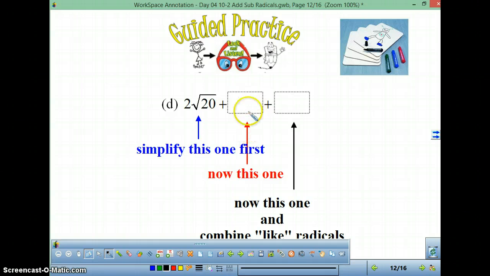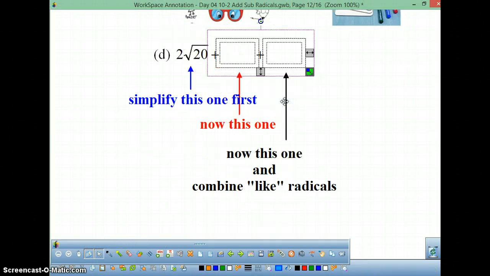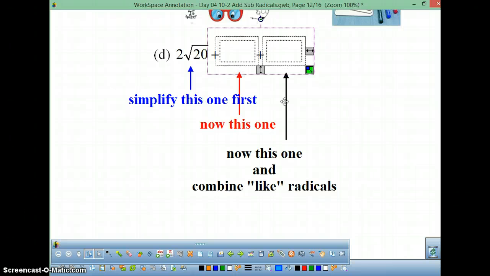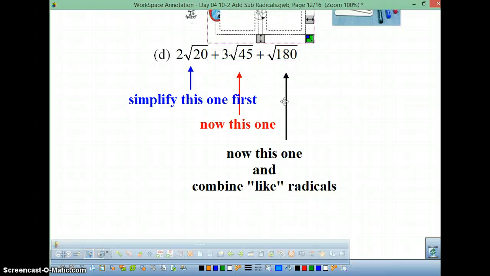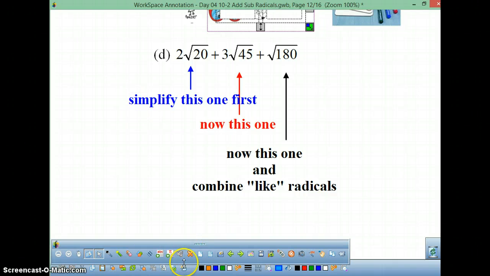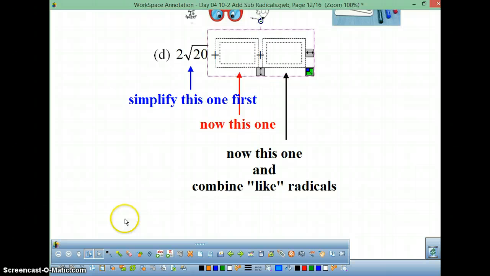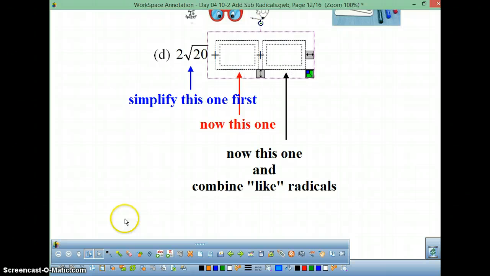Okay, moving on. What happens if you have a problem that looks like this right here? Well, let me show you. I'm going to cover this up because you got to think about one term at a time.